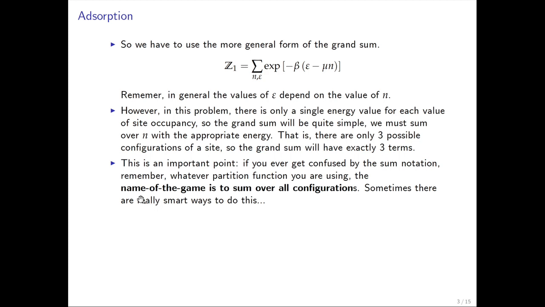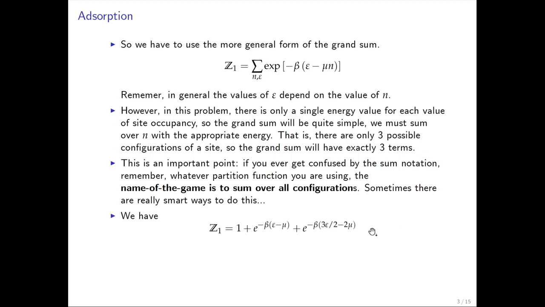But partition functions are summing over configurations. You have a term for every configuration. And for each term you have its energy. And if it involves a grand sum, then you have this mu times the number of particles for that configuration. Okay? Hope that's clear.